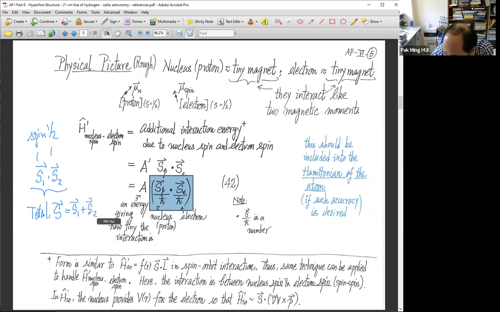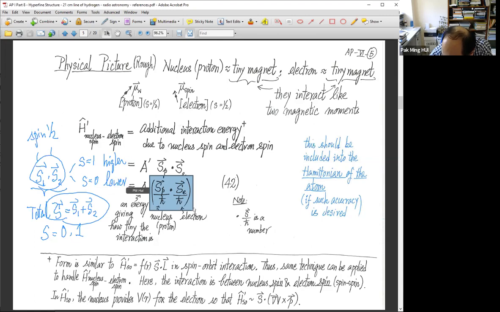We know how to add 2 spin halves, so the quantum number will be 0, singlet, or 1, triplet. You want a cross term, so you square this thing. Therefore, we expect this term to split according to S equals 1, higher energy, and S equals 0, lower energy. This splitting is the hydrogen's hyperfine splitting.